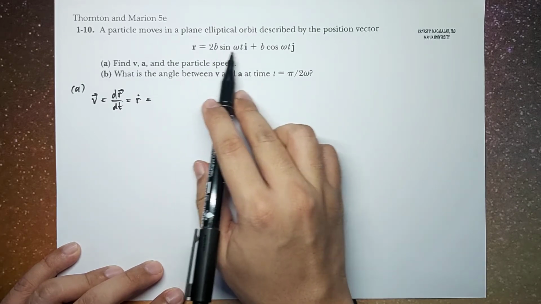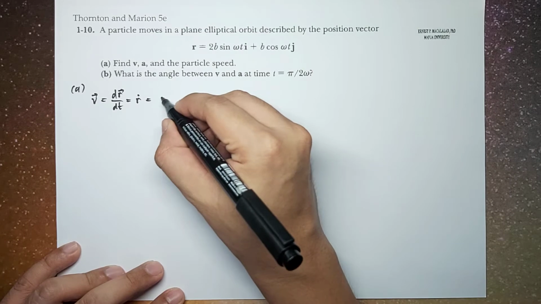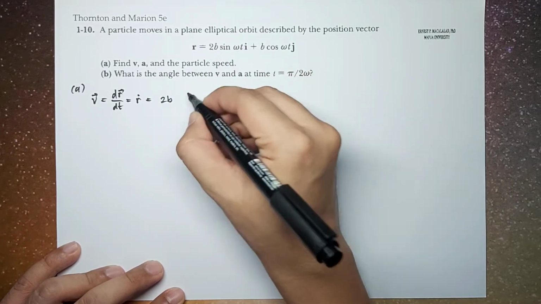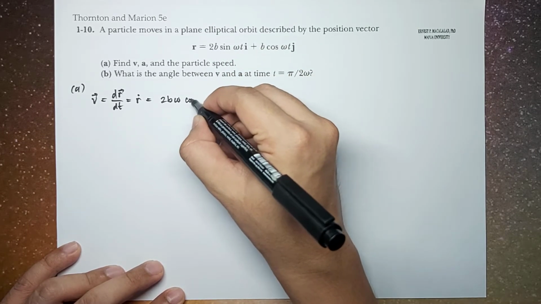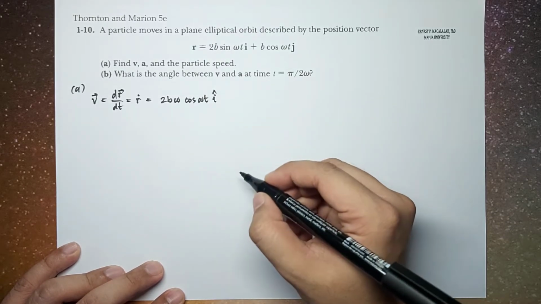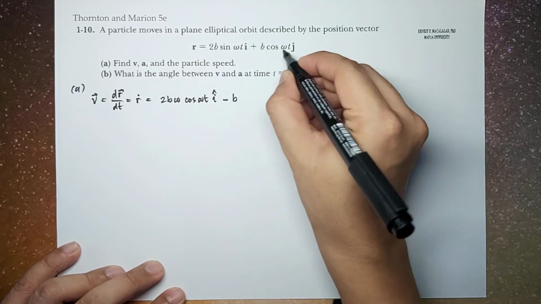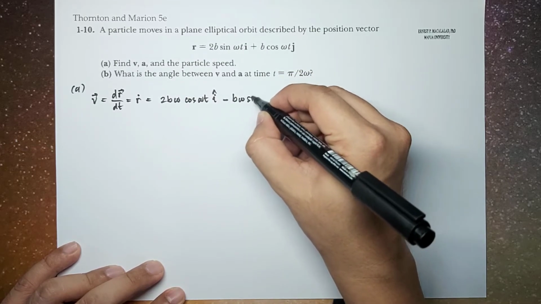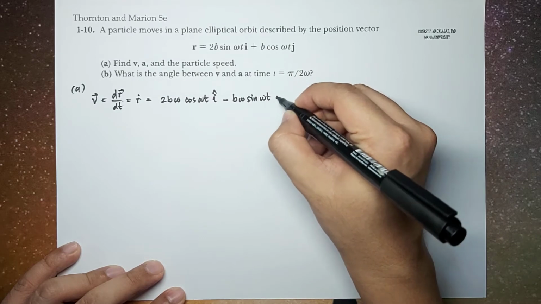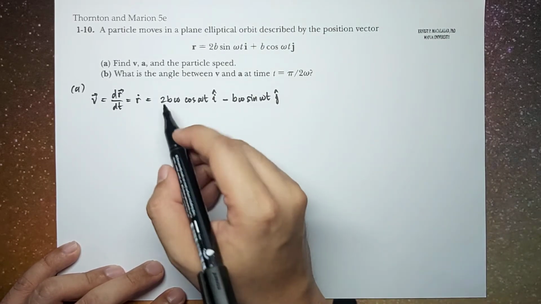Differentiating this with respect to time gives us 2b omega cosine omega t i hat, and then minus b omega sine omega t j hat. Okay, so that's now your velocity vector.